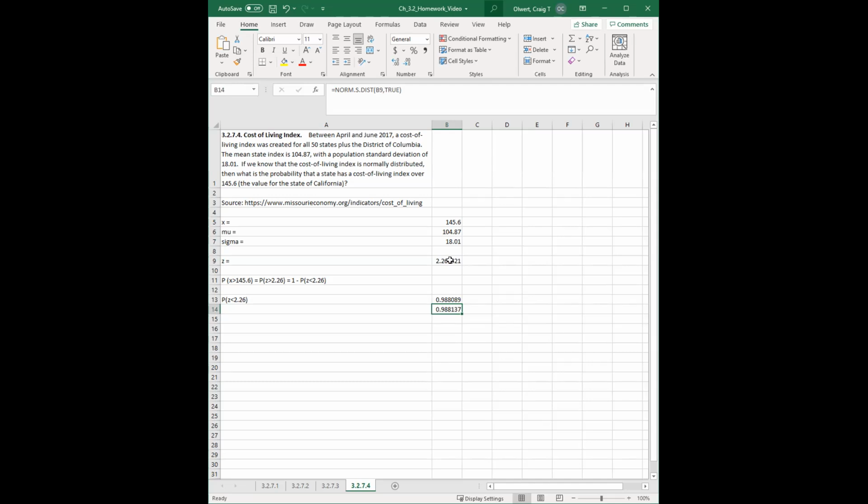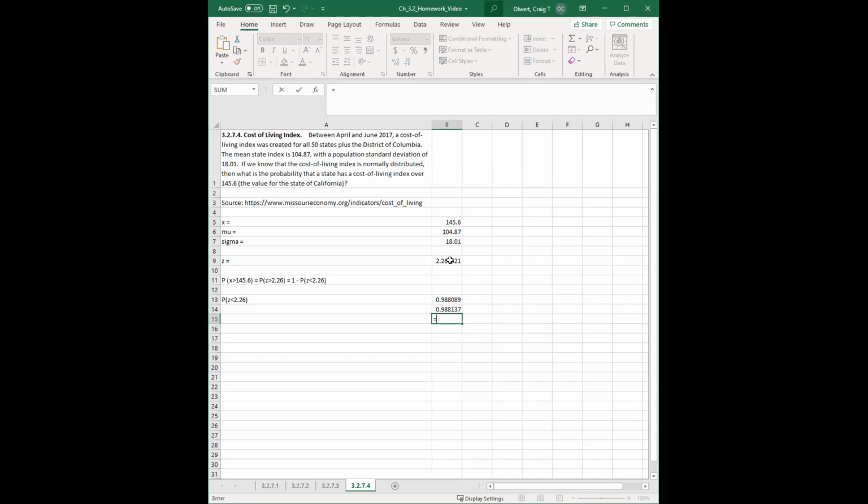Then you get 0.9881. Finally, if you don't want to calculate the z-score, you can use norm.dist. Norm.dist asks for the x value, the mean mu, the standard deviation sigma, and then true or false. Norm.dist just asks for the information to internally calculate the z-score and then gives you the same answer as norm.s.dist.